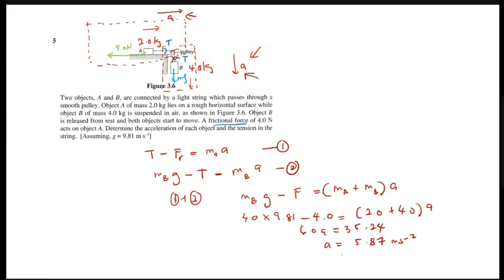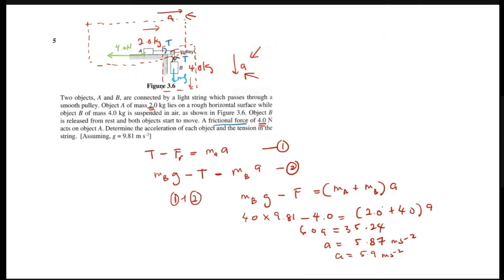With 2 significant figures, A equals 5.9 meter per second squared.